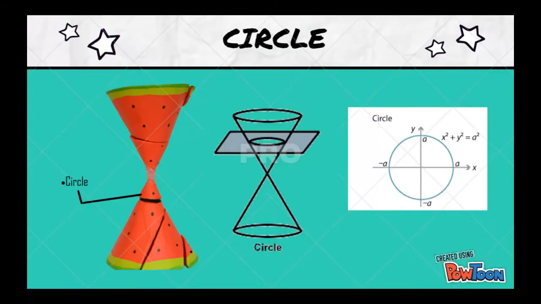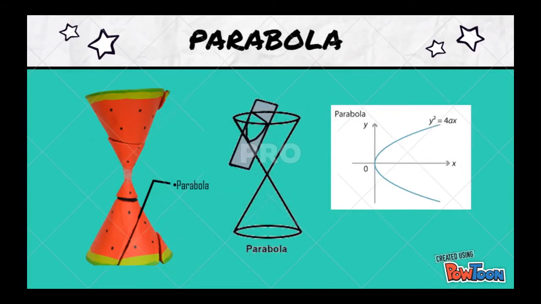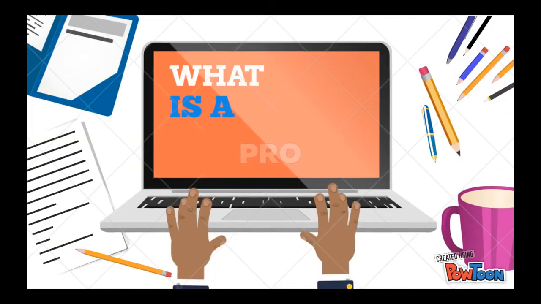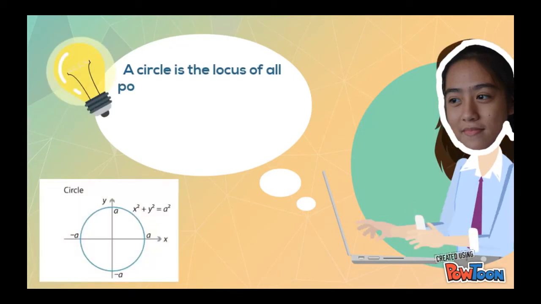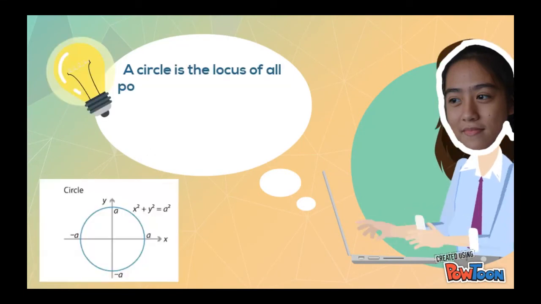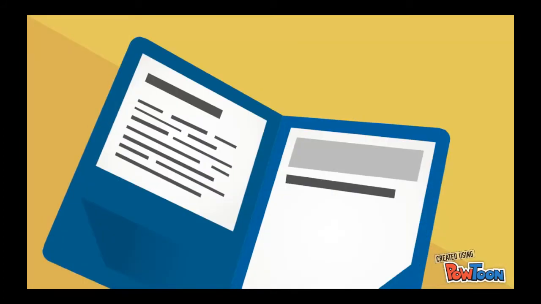the circle, the ellipse, the parabola, and the hyperbola. What is a circle? A circle is a locus of all points in the plane having the same fixed positive distance, called the radius, from a fixed point called the center.